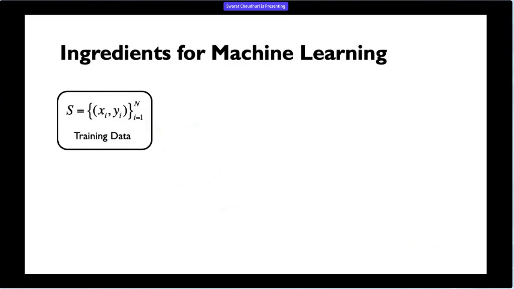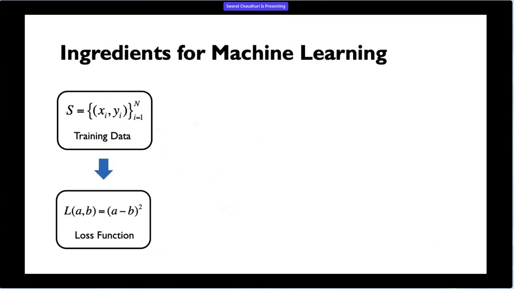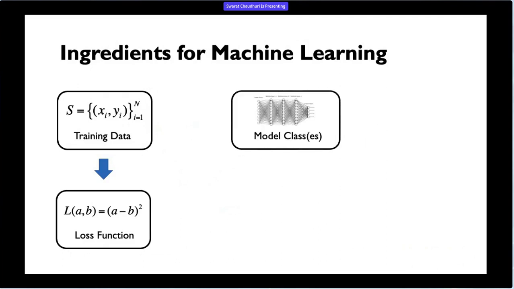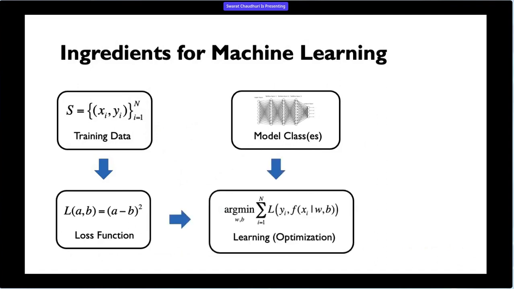You're starting with some training data, and you have defined a loss function that tells you that, let's say that you have predicted an output, how far does this differ from the desired output on this input? And you specify a class of functions, a class of models that you are going to learn. And then you create this big optimization problem, which says that, find me a function such that the loss is minimized.